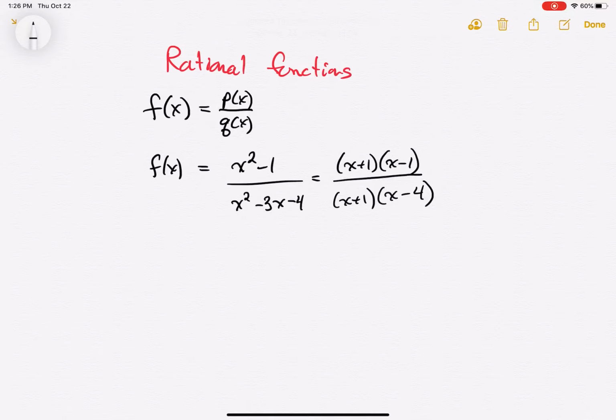What we can see immediately is that in our numerator and our denominator we have the same factor. So those kind of cancel out, sort of. What we have here is something called a removable discontinuity.